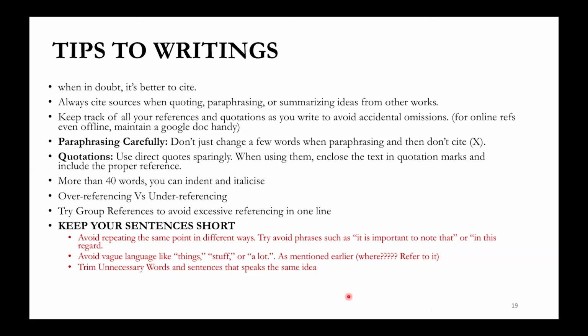Again, paraphrasing is very important. You just don't change words. So let's say Jalai wrote that ecotourism in Sundarbans will always impact the living condition, and I just change the words to say that the living condition of the Sundarban people would dwindle if they bring ecotourism into the scenario.